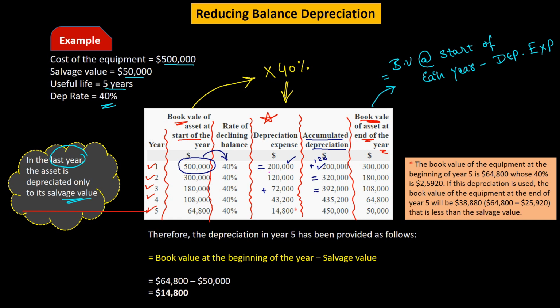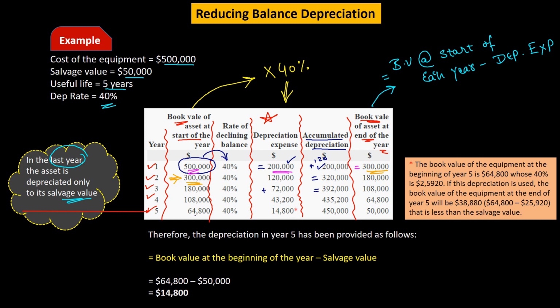So that means here we are deducting this 2 lakh from this 5 lakh, and that's how we are calculating this 3 lakh. And now this 3 lakh will be the book value of our asset at the start of next year, and then we will take 40% on this 3 lakh, and the same procedure will continue for the rest of the years. But here we have one exception in the final year.